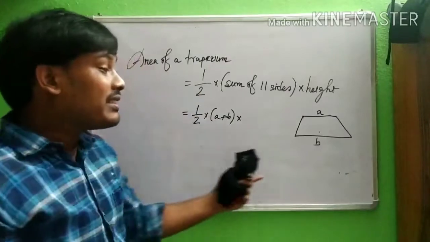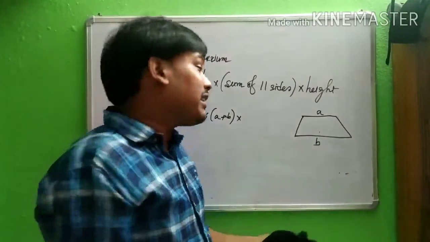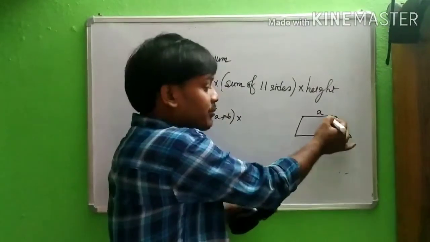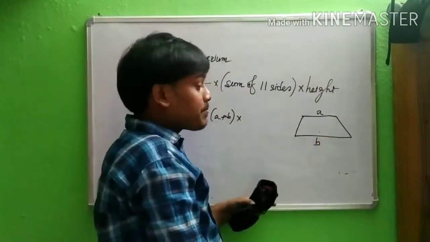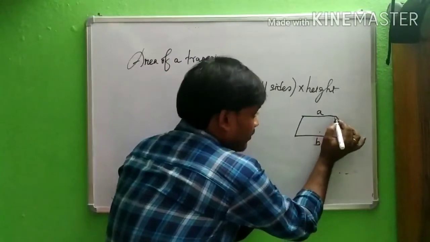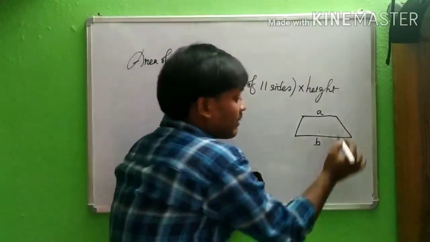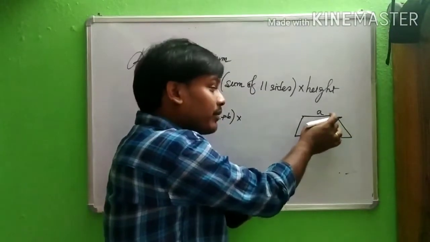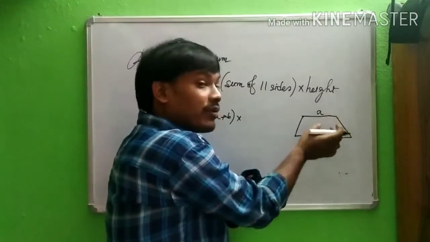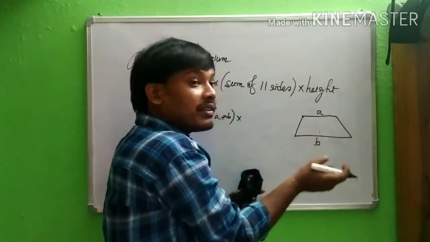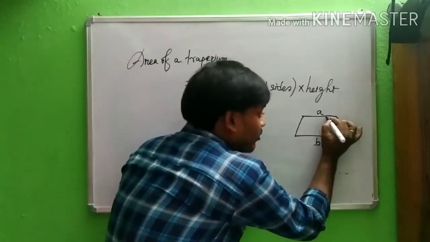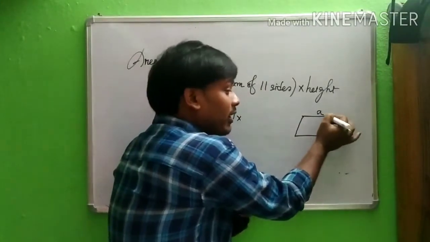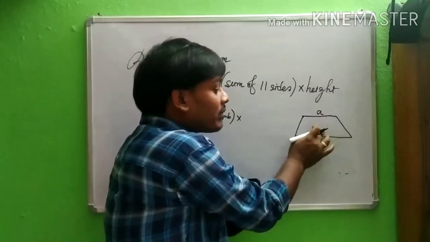And what is the meaning of height? Height means the shortest distance between these two lines. Okay. The shortest distance, the minimum distance, is obtained when we draw a perpendicular to the base from any point on the upper line.